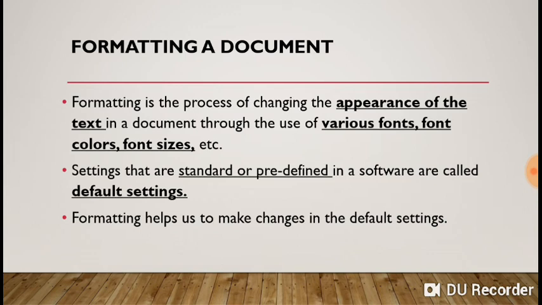Appearance of the text means changing the font name, like Arial Black, Times New Roman. A number of predefined fonts are also there, and we can also download and utilize them. Font color, yes, we can change the font color, and font size also.